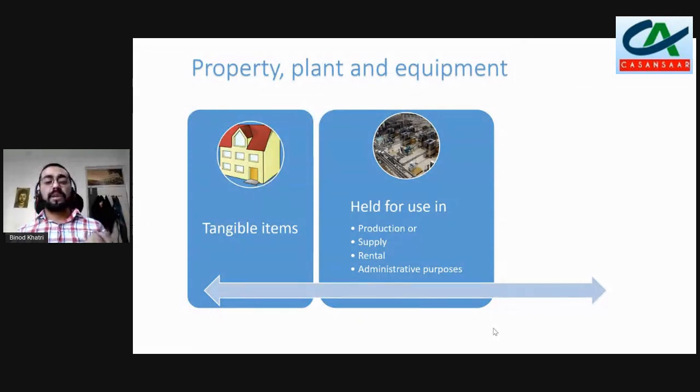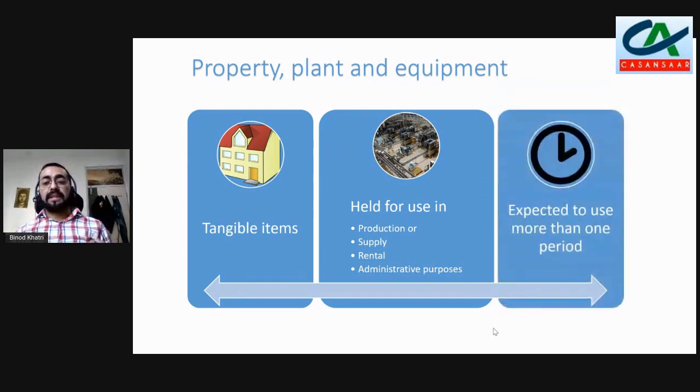And rental means, for example, we have a car and we are giving that car on rent to other people, then it is also covered under PPE. Then administrative purpose: for example, if we have a service industry and we have furniture, television and other things, a building is also used for administrative purposes to generate revenue.